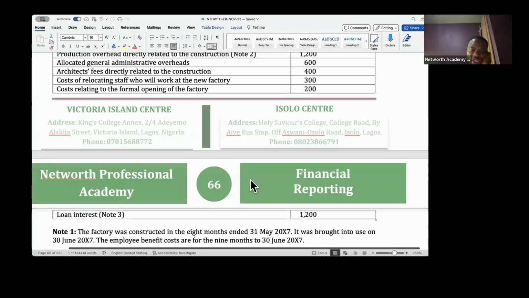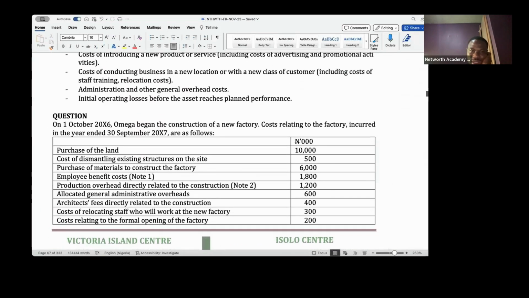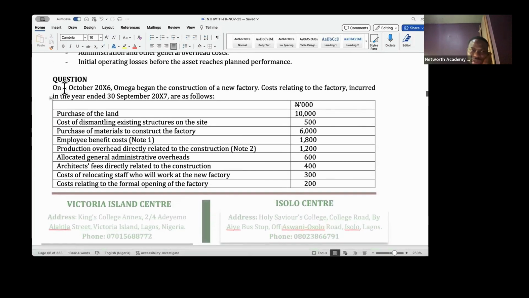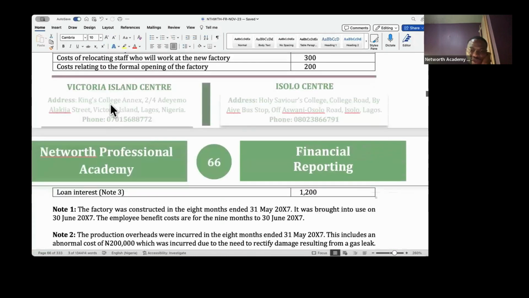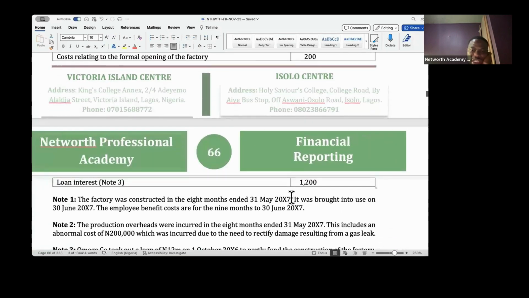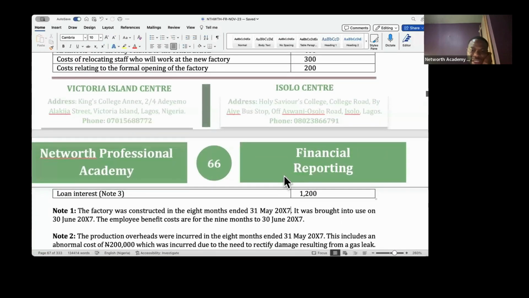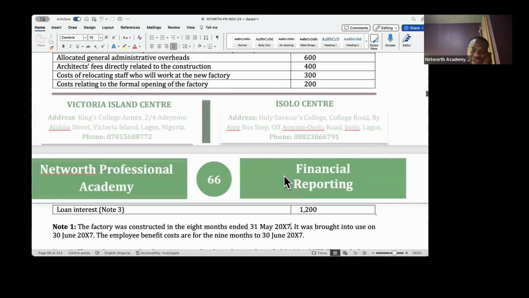The construction itself took 8 months, but the asset was brought into use in June. The employee benefit cost they give us is for the 9 months. When did they start construction again? 1st of October. So if you count from 1st of October to when the asset was completed, that would be 8 months.